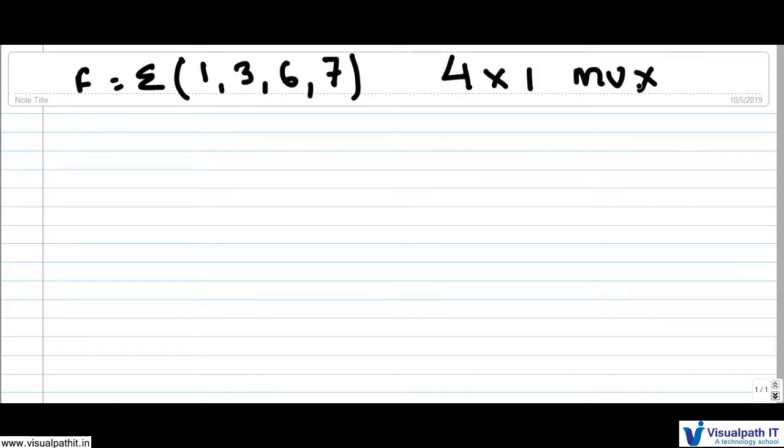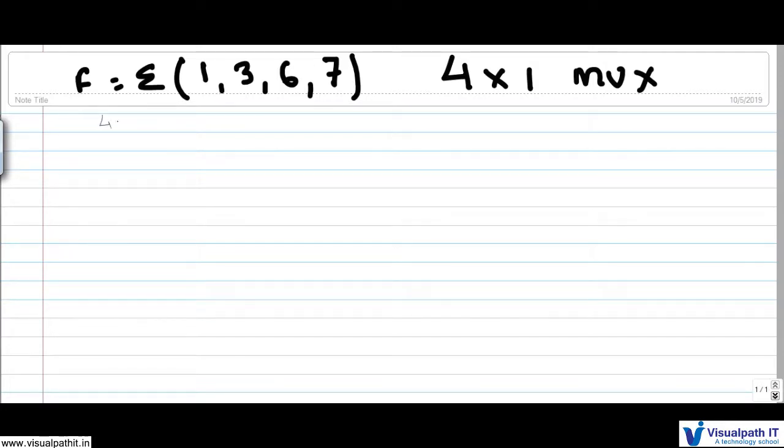So the first step to implement this, because we have the values 1, 3, 6, 7, I can implement it directly with the help of an 8 cross 1 multiplexer, but I have to use the 4 cross 1 multiplexer.